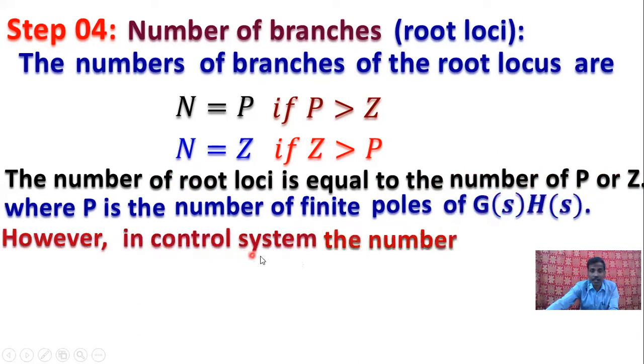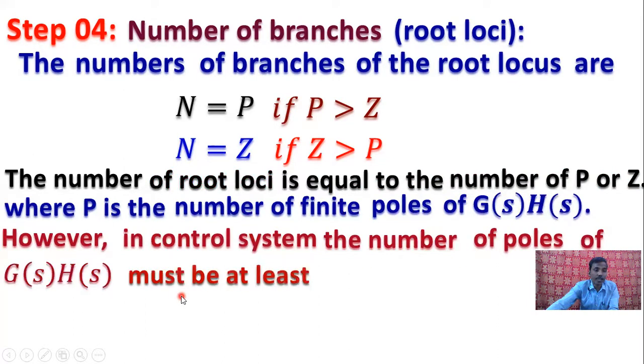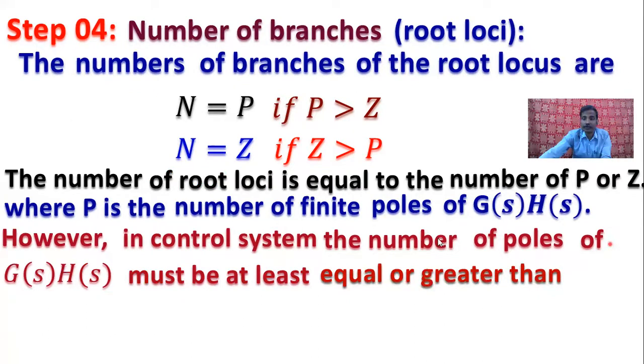However, in a control system, the number of poles of G(s)H(s) must be at least equal to or greater than that of zeros. That means in the normal case, p is greater than z or p equals z. Poles number is always greater than or equal to zeros number.